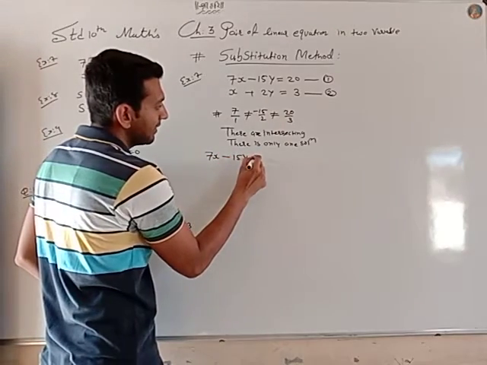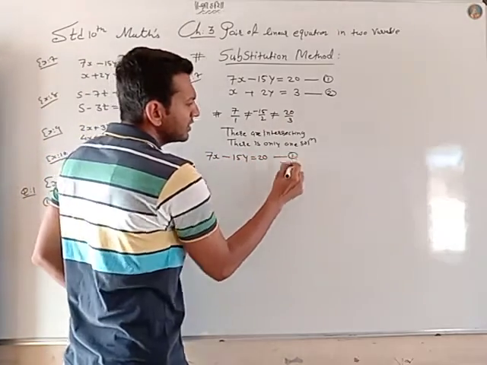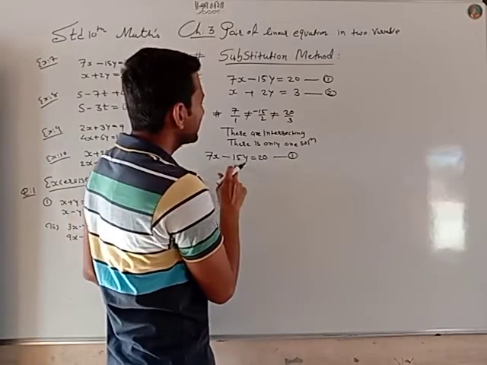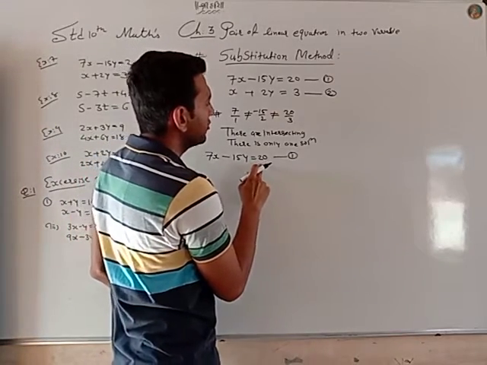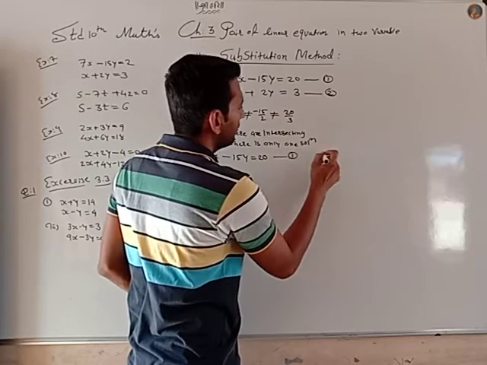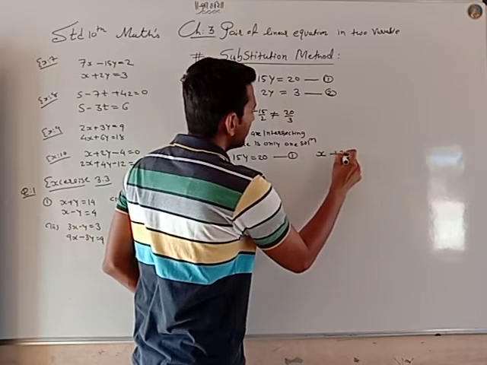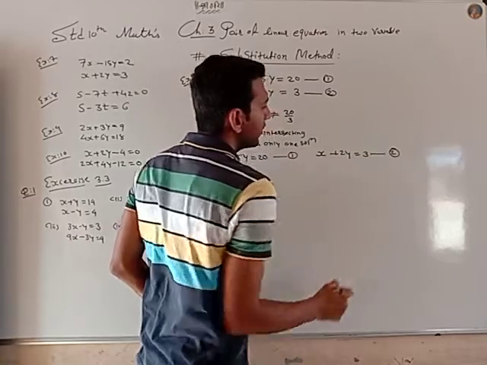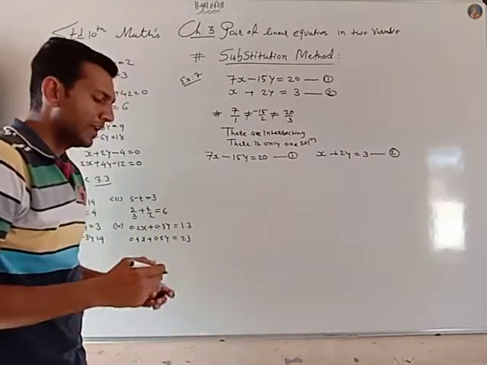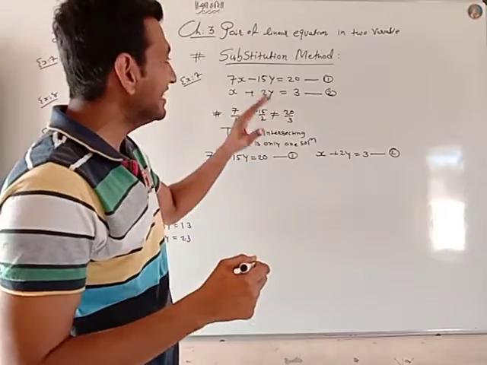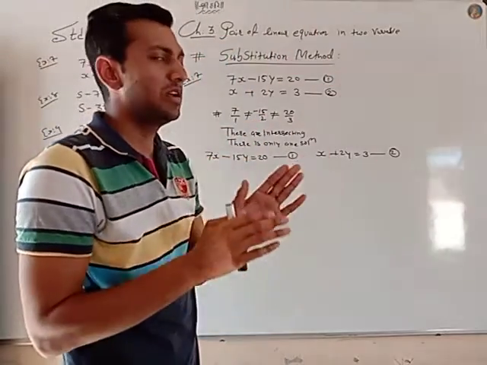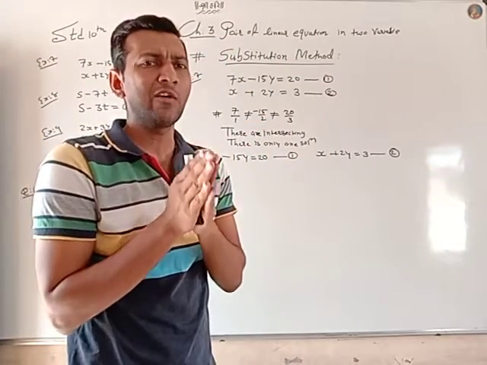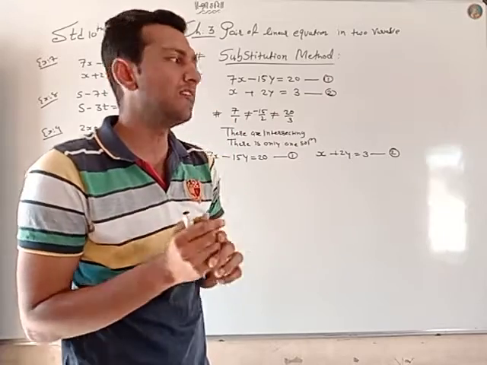by the substitution method. The substitution method is very easy. 7x minus 15y is equal to 20, equation number 1. x plus 2y is equal to 3, equation number 2. Now in the substitution method, first you have to find the value of any variable.